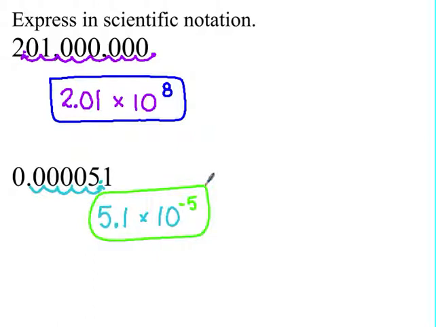So far, so good? Have you done this before? Okay. All right, then you try this one for me. 68,700,000,000.